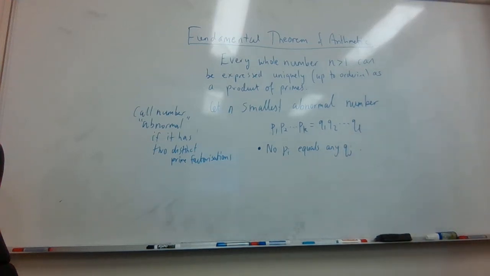If one of the p's is equal to one of the q's, then we can just divide n by that prime and n over the prime will still be an abnormal number because the rest will be different. That's pretty cool. It's not done yet.